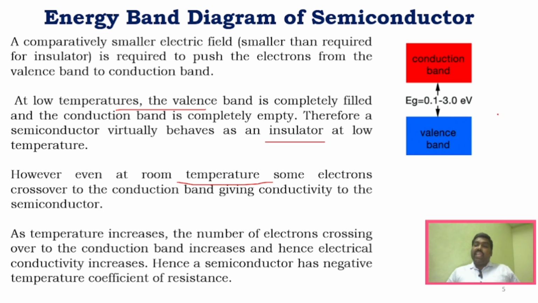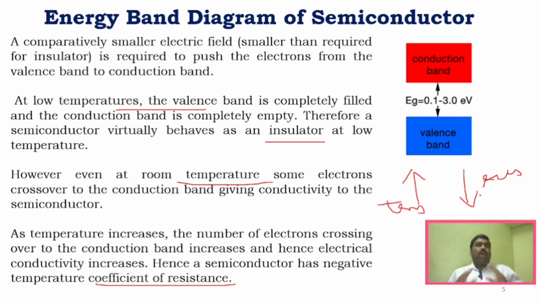And we can call this scenario negative temperature coefficient of resistance, that is, the semiconductor loses its resistance when temperature increases. When temperature increases, the resistance of the semiconductor to electricity decreases, right? And that is why we call it negative temperature coefficient of resistance, right?